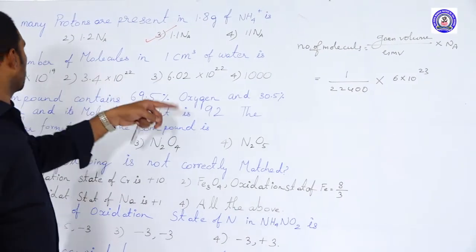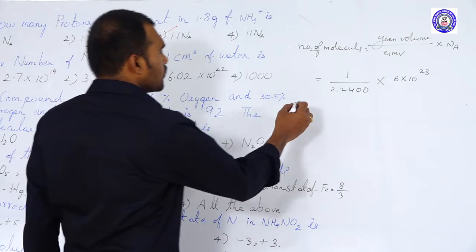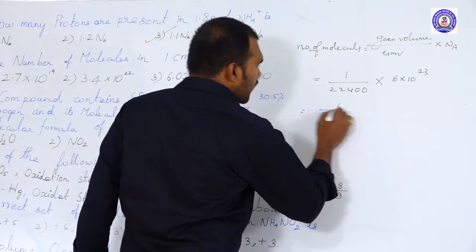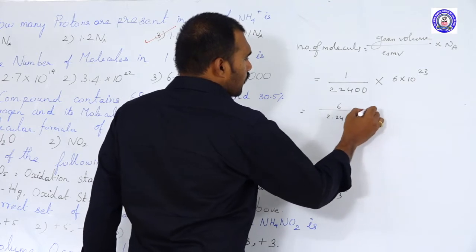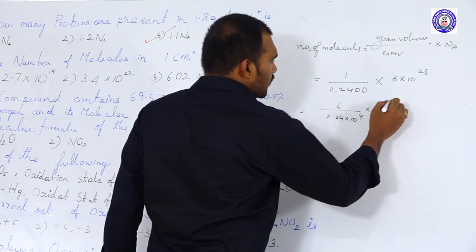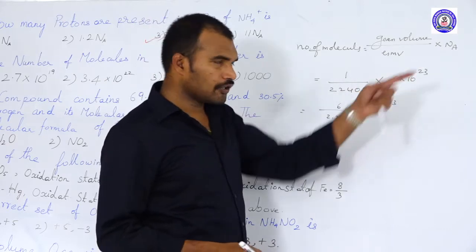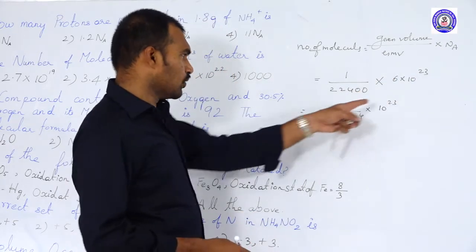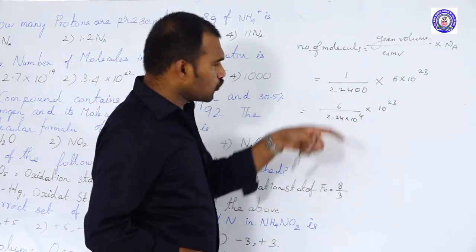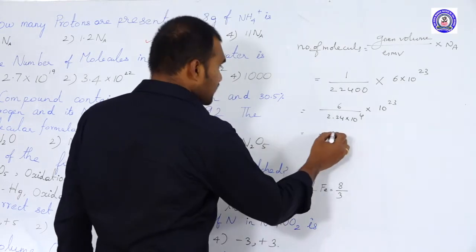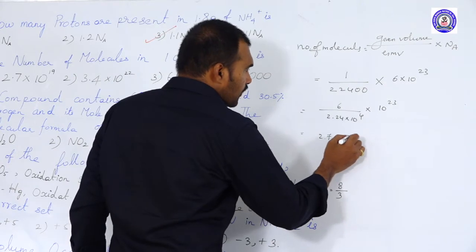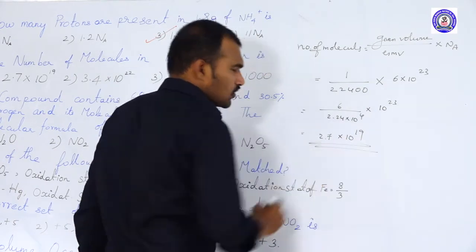Okay, so if you simplify this, I am writing this as 6 by 2.24 into 10 power 4, into 10 power 23. 10 power 4 you bring to the numerator, minus 4 it becomes, so it will be 10 power 19. 6 by 2.24, so it will be around 2.7. 2.7 into 10 power 19 is the answer.